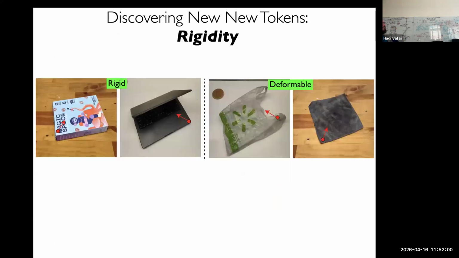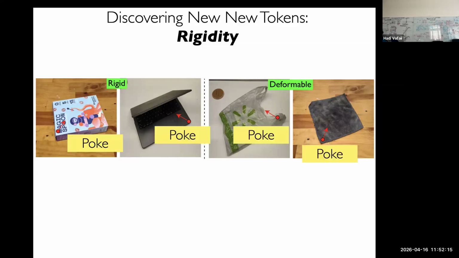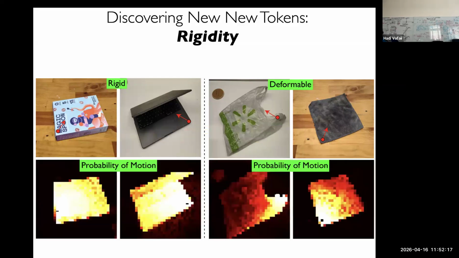Okay, and that then in turn allows you to construct new tokens like rigidity. Rigid things are things that move: with one flow token, you get motion on the whole thing deterministically. But on the deformable thing, what ends up happening is there is probabilistic motion that goes across the object.